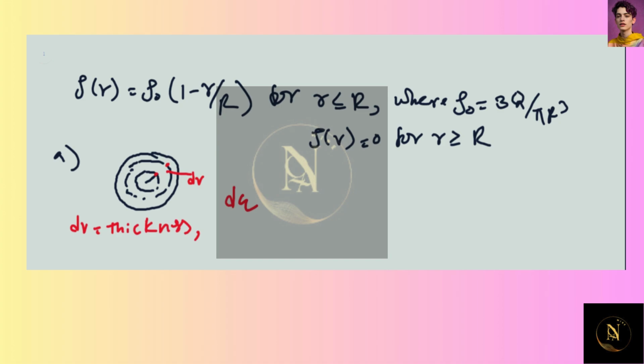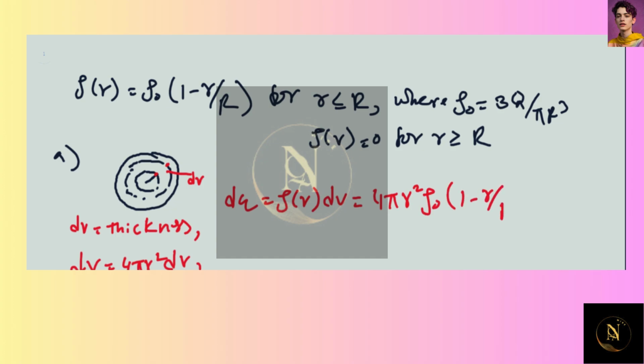So the volume of such a shell will be dV is equal to 4 pi r squared dr. The charge contained within the shell will be dq is equal to rho of r dV, which will be equal to 4 pi r squared rho naught times 1 minus r divided by capital R times dr. The total charge in the charge distribution is obtained by integrating dq over all the shells in which the sphere can be divided.